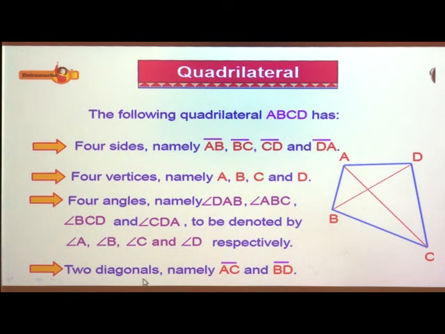These are the two diagonals of this quadrilateral.